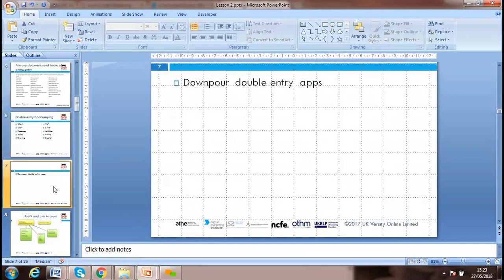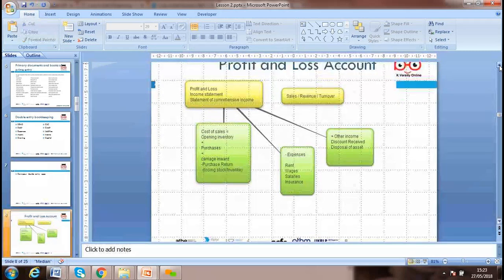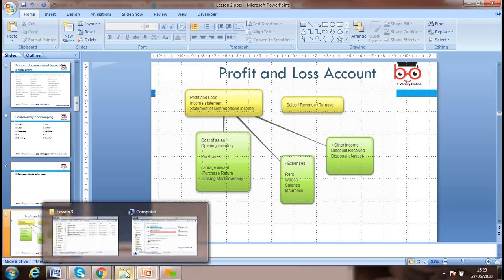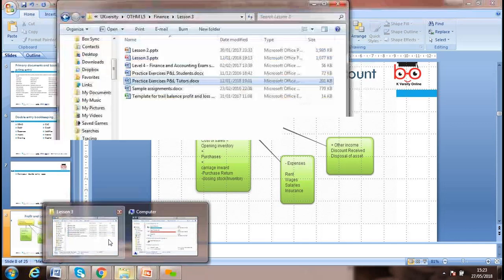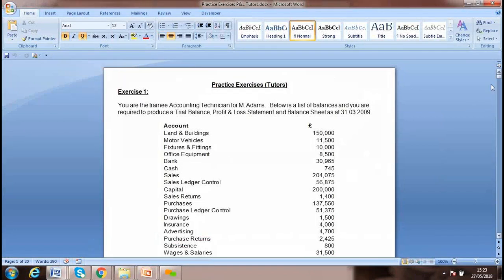First thing we are going to discuss is the profit and loss account, which we prepare first from the trial balance. Before making this, we first need to understand the trial balance. This is the exercise. I have two handouts, one is a tutor copy, one is a student copy.